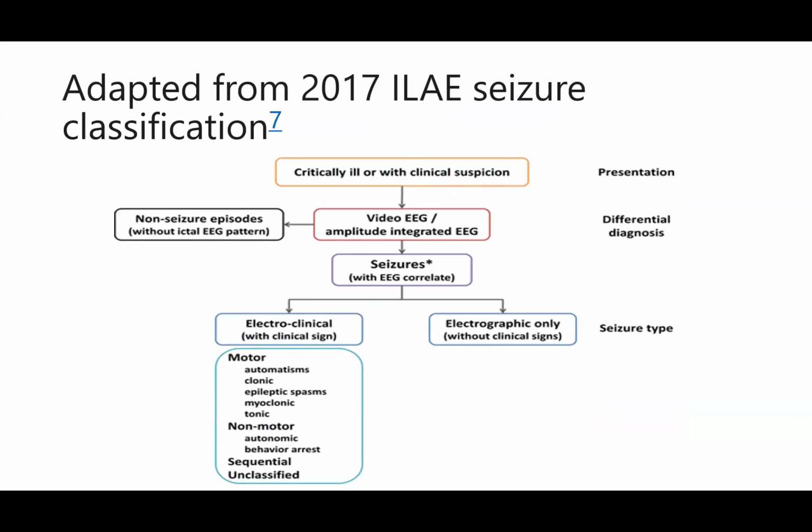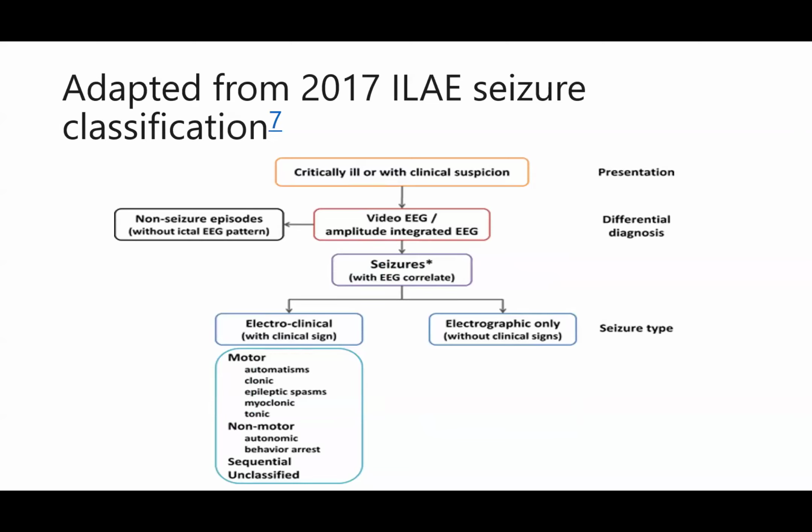Any baby with clinical suspicion, go ahead with video EEG or amplitude integrated EEG, if there is an EEG correlate. I just want you to read the types of seizures. Motor and non-motor. In motor, it can present with automatisms, clonic, epileptic spasms, myoclonic, and tonic.